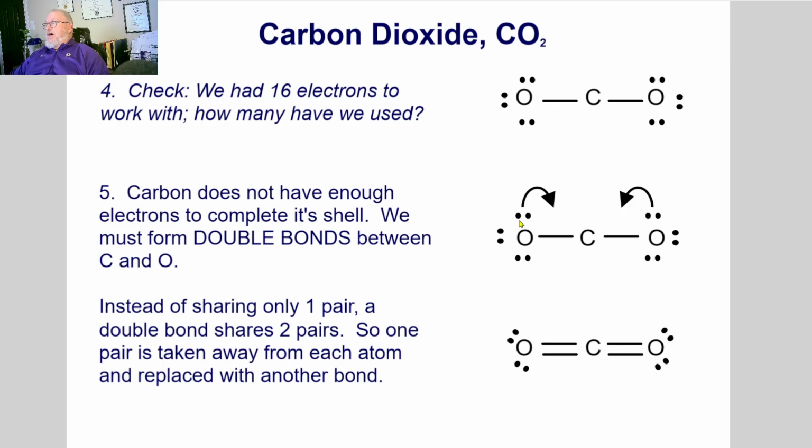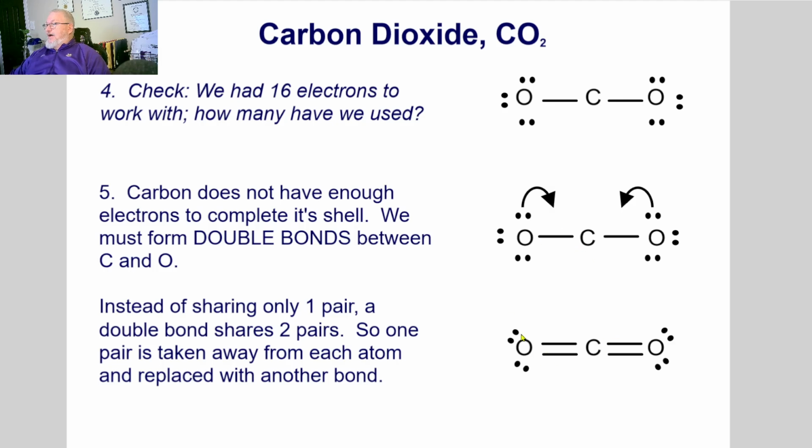Since it does not have enough, we're going to move one of those pairs between the carbon and the oxygen, and it's going to form a double bond between the carbon and oxygen. And we'll have to do one on this one too in order to get the 8 electrons that carbon needs.